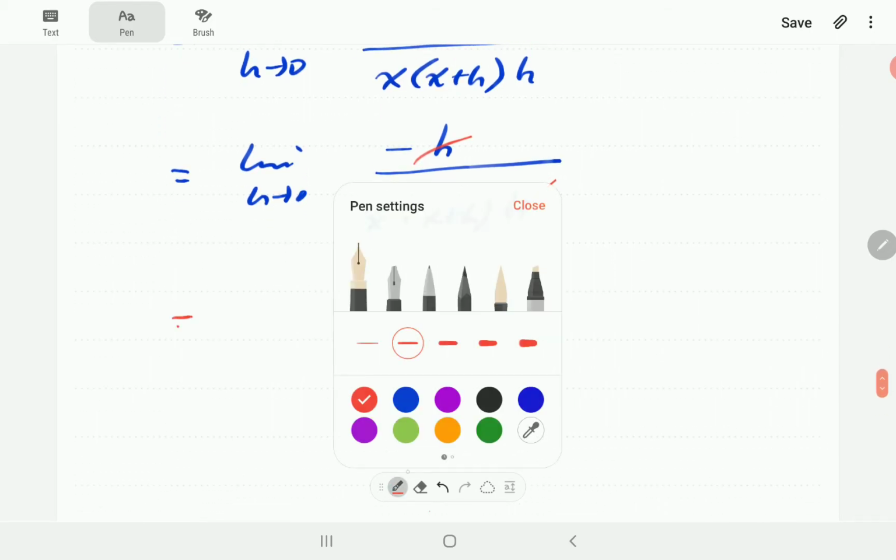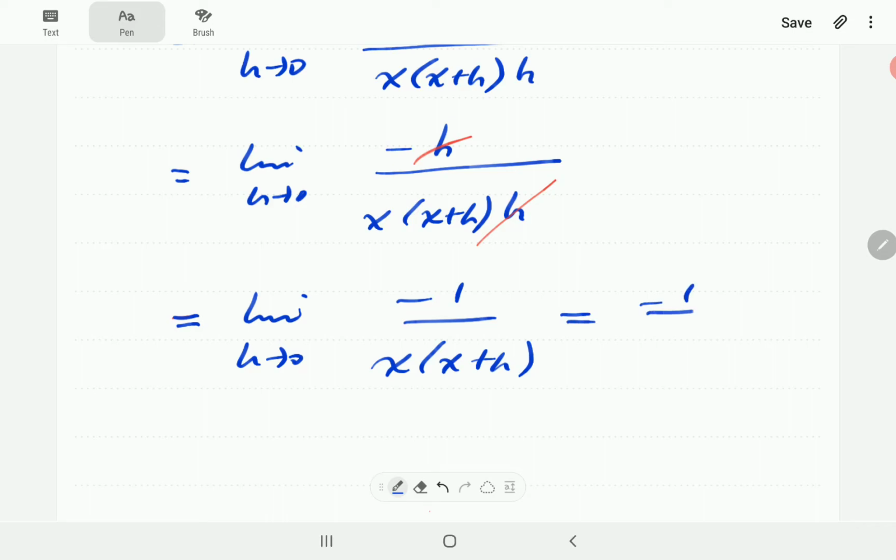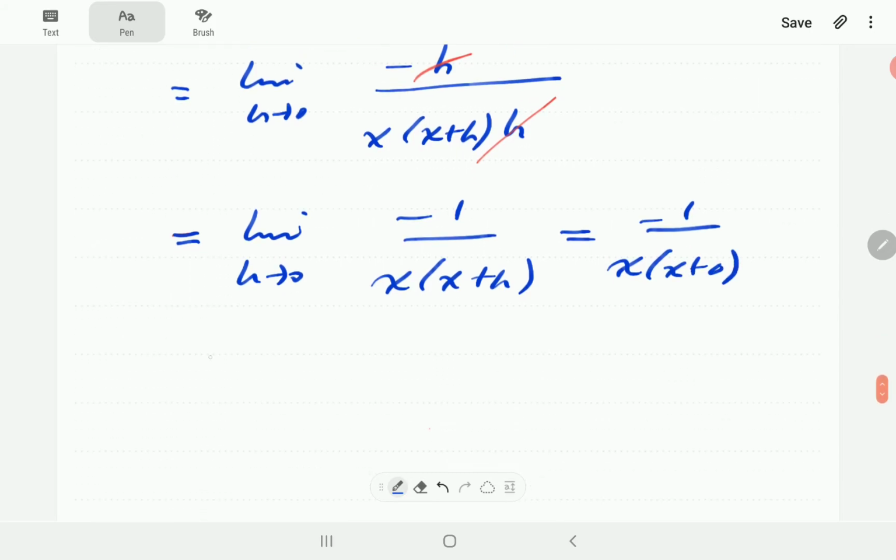So this is now going to be the limit as h goes to 0 of minus 1 over x plus h. After cancelling out h, we can plug in h equals 0, minus 1 over x plus 0. This is going to be minus 1 over x squared.